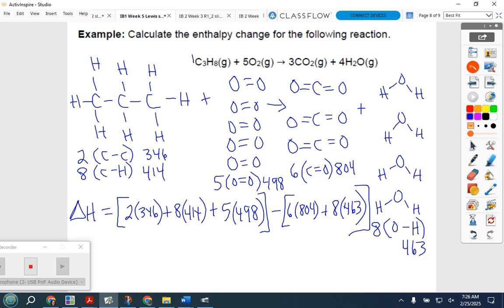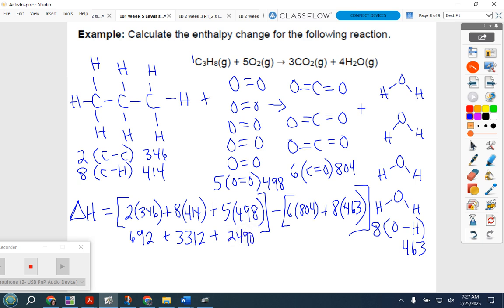I'll go ahead and break it down just to make sure that we're all on the same page. So 2 times 346 is going to be 692. 692 plus 8 times 414 is 3,312, and 498 times 5 is 2490.